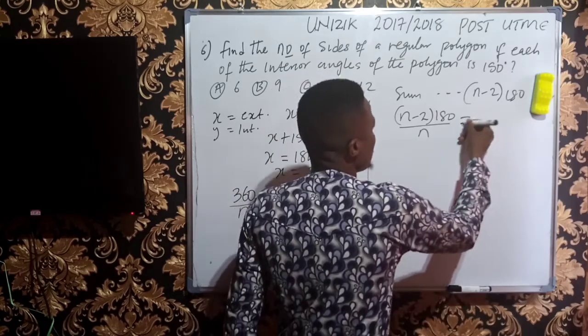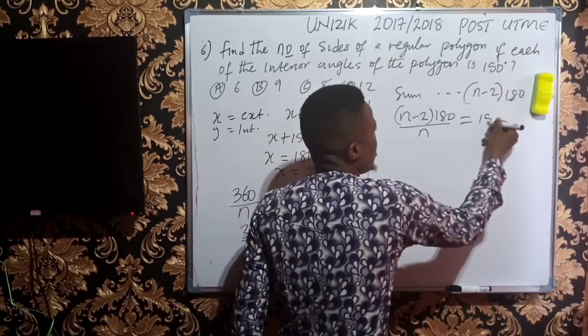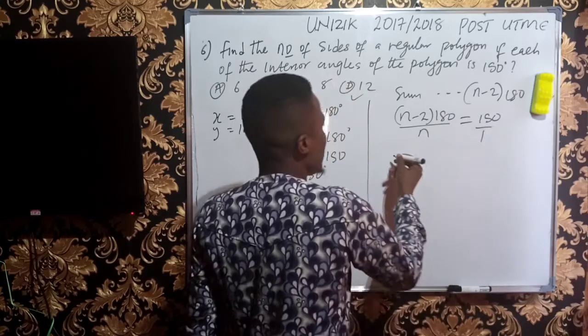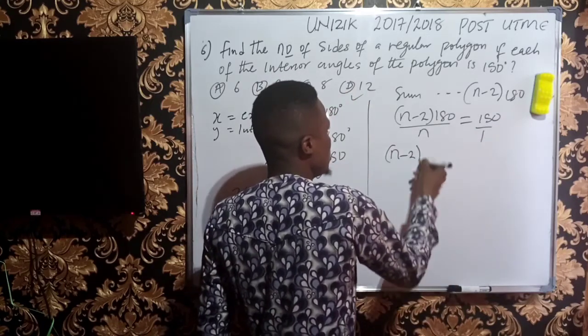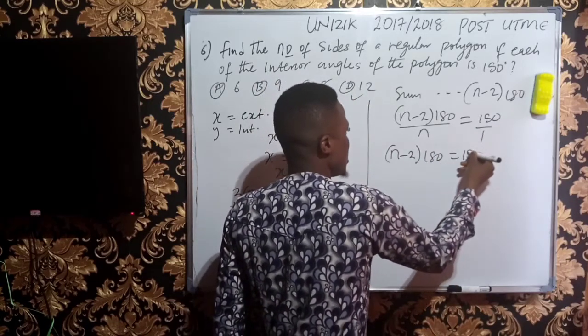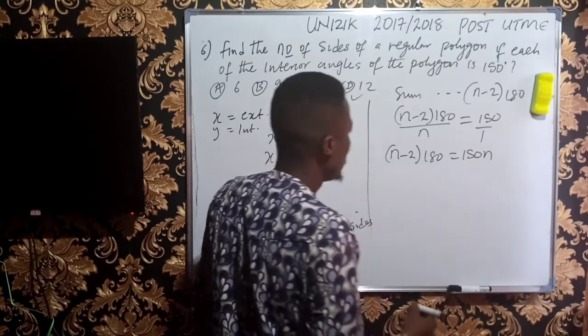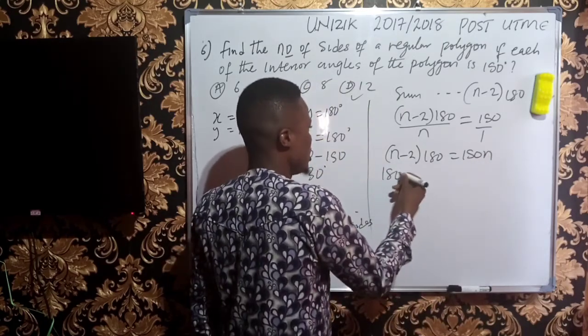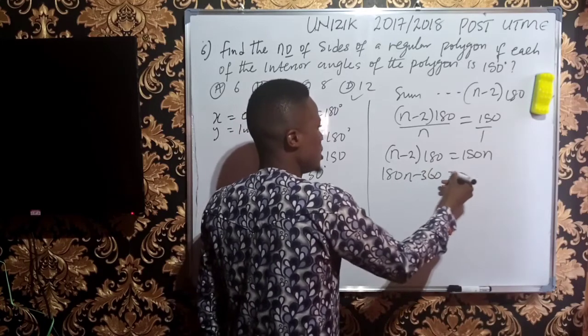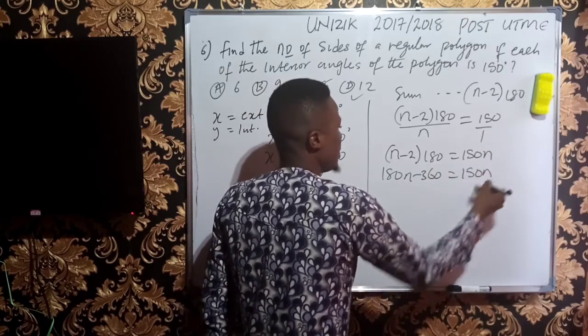And we are told that each of these angles is 150, according to the equation. So you cross multiply, you have n minus 2 times 180 equals 150n. Open the bracket, you have 180n minus 360 equals 150n.